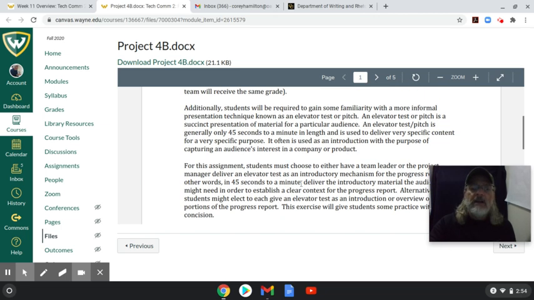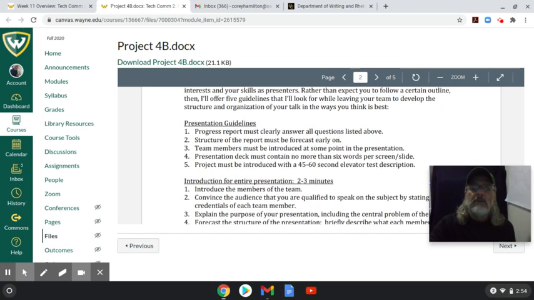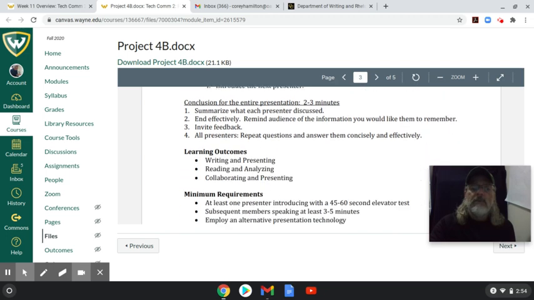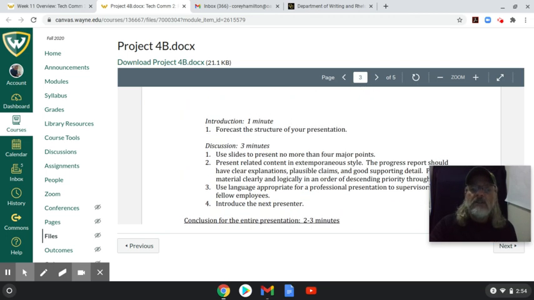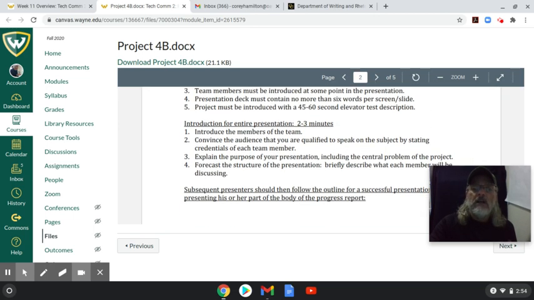Then on each one of our slides, we want to make sure that we keep these short, right? We're thinking about only maybe 6 or so words per slide.